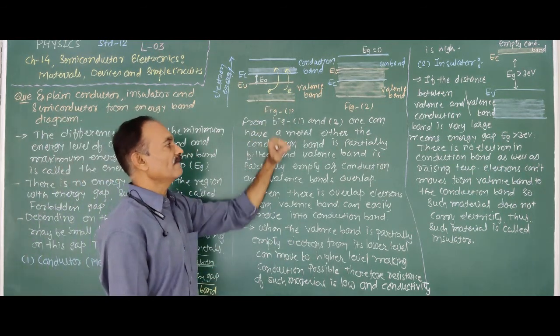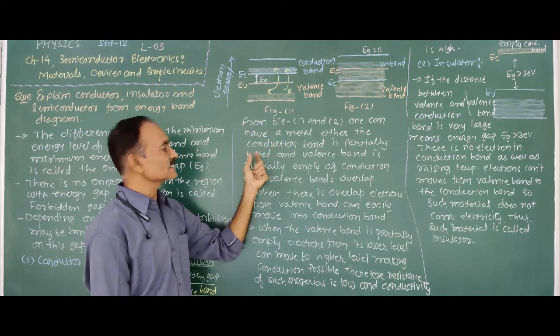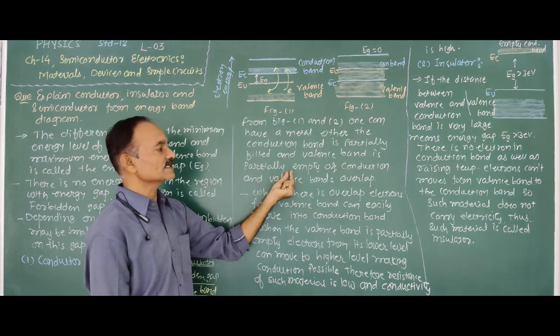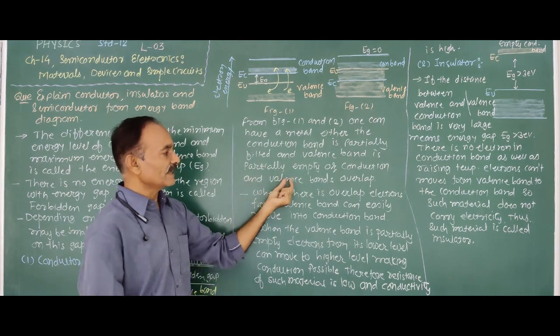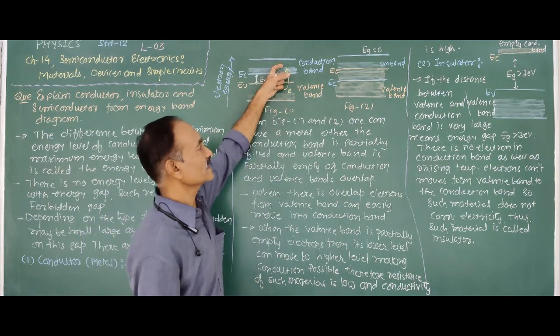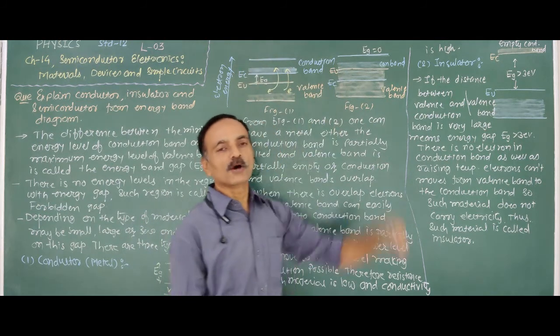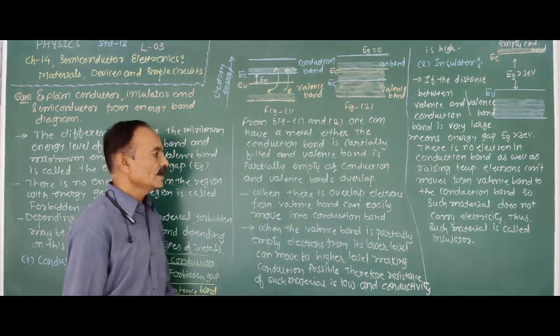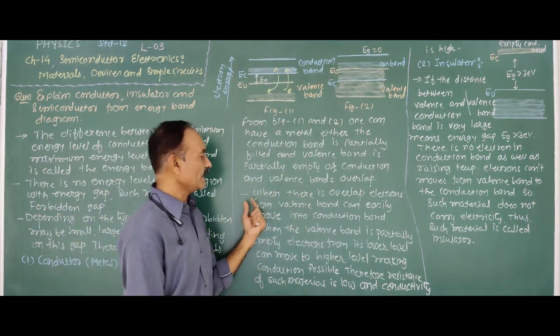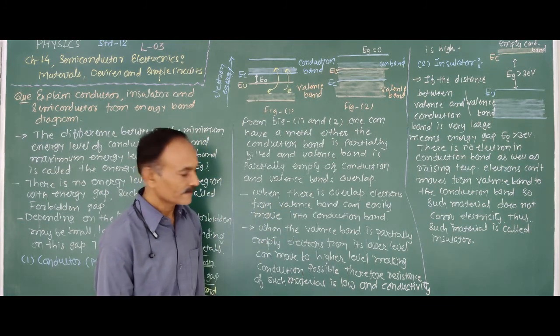Now, from figures 1 and 2, I have the metal where either the conduction band is partially filled and the valence band is partially empty, or the conduction and valence bands overlap. In one figure, the conduction band is partially filled and the valence band partially empty, while in the other, both bands overlap. When there is overlap, electrons from the valence band can easily move into the conduction band.